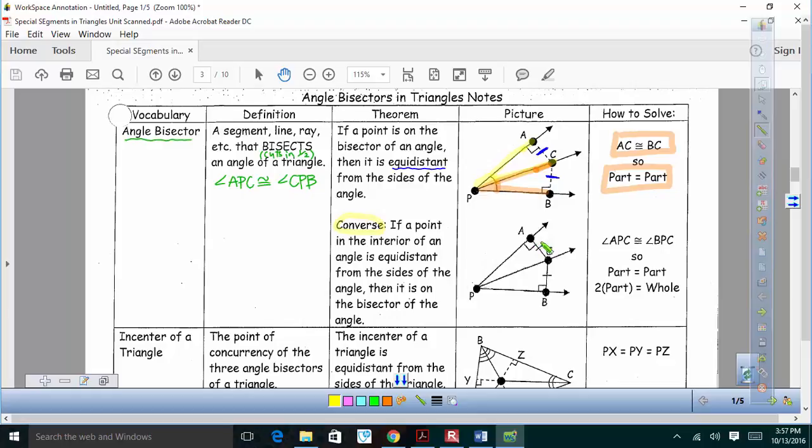Okay? So it shows us, because of these tick marks, that both of these lengths are equal. So not only does it tell me that this lies on a bisector, but it tells me that PC is a bisector. So I'm going to add right here, then the line is an angle bisector.